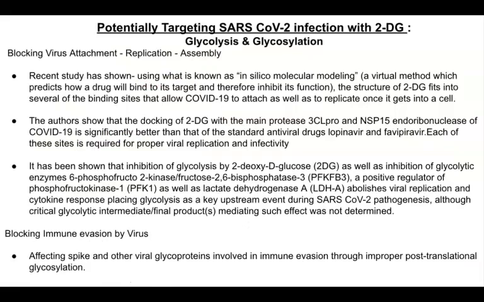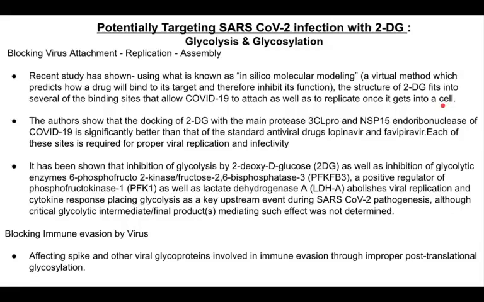A recent study, published in March of 2020, showed virtually through simulations that the structure of 2-DG fits into several of the binding sites that allow COVID-19 to attach as well as to replicate once it gets into the cell, potentially targeting viral attachment and replication.